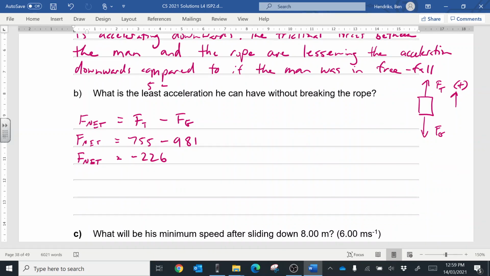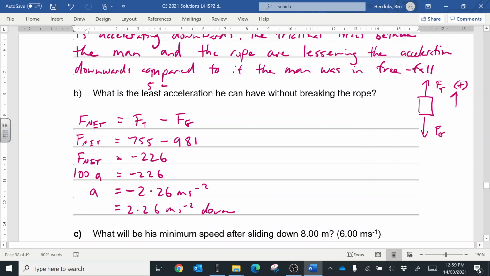So 100 times a equals negative 231, then a is equal to minus 2.31 meters per second squared, which is 2.31 meters per second squared down. It's a lot less than the gravitational acceleration.